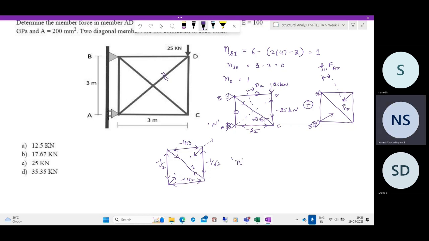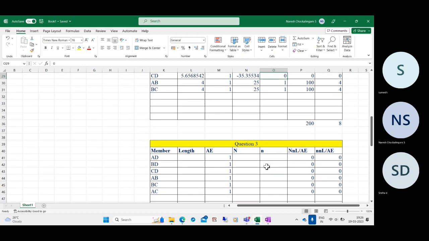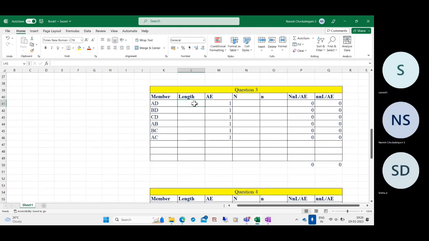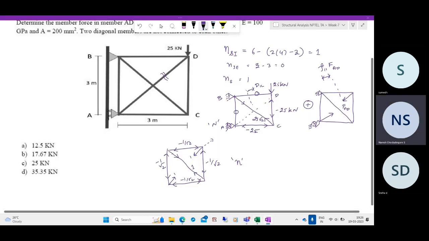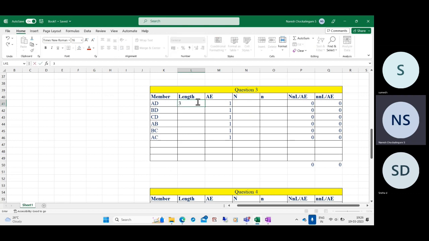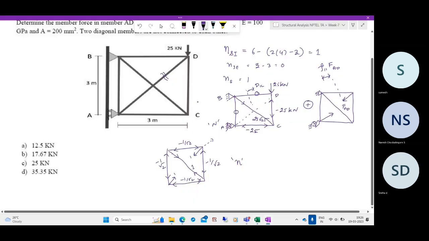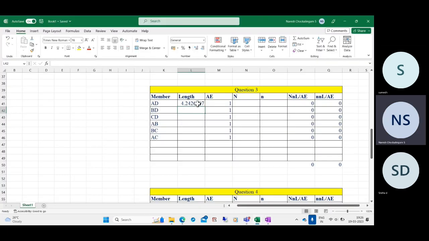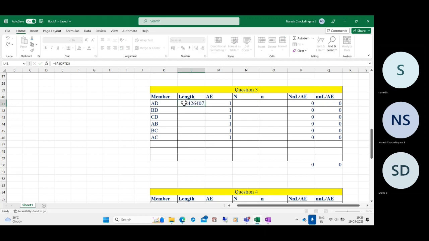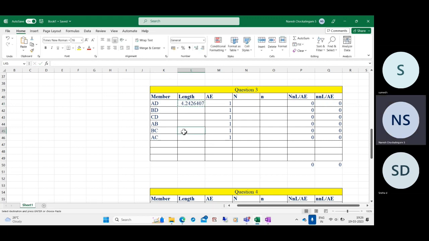What is the next step? Find out the D1L and F1. Let us fill in the values. AD is of length 3 root 2, and BC is also of the same length.